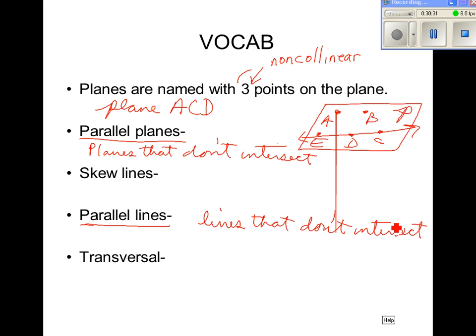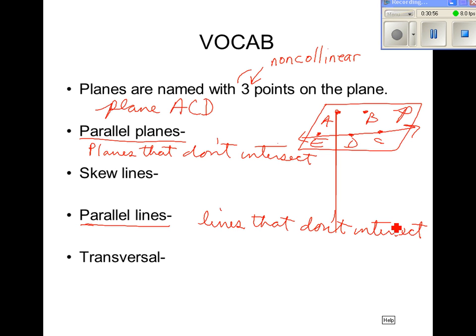Tell me what else I can do with these lines. Like not touching each other. What kind of lines are those? Skew. Those are skew lines. Now, are they parallel to each other? No. The way we identify between parallel and skew lines is that parallel lines have to be on the same plane.